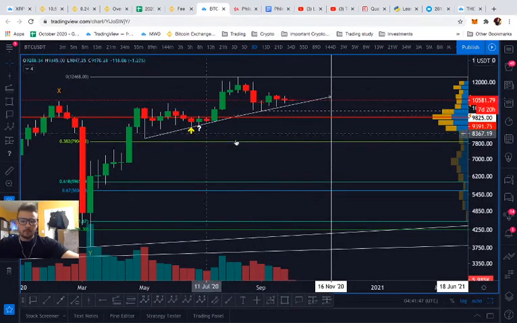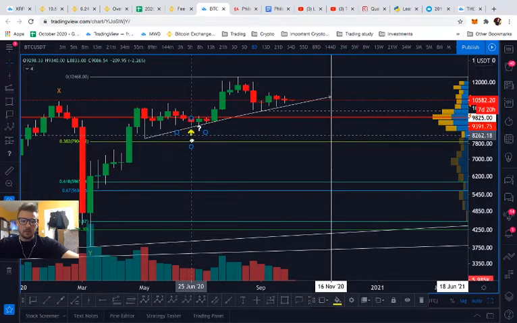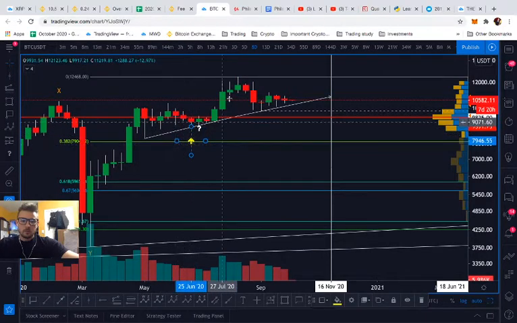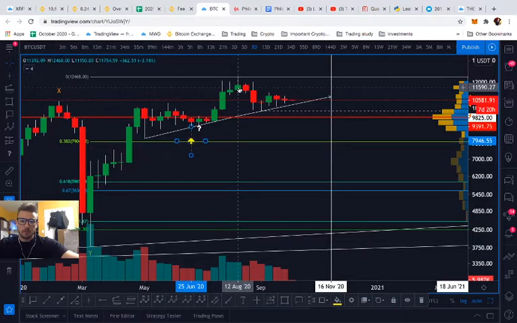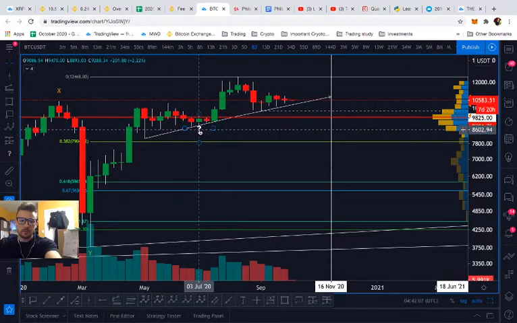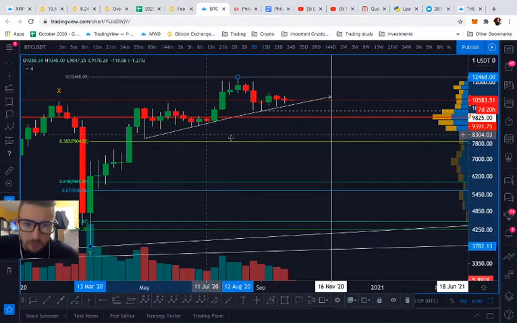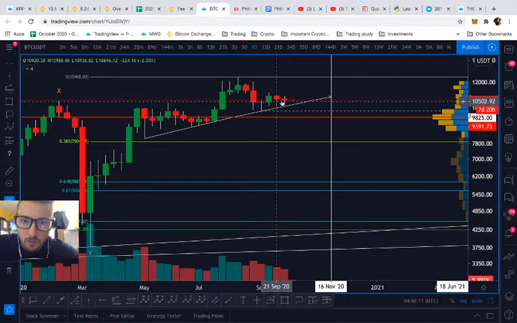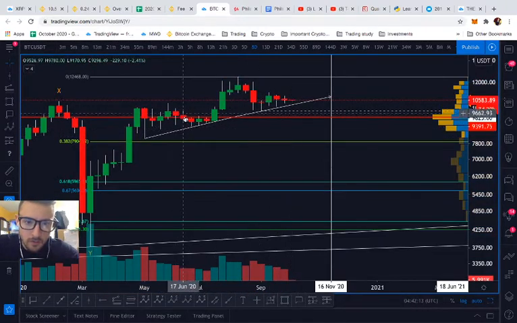So let me point something else out. You see these two things right here, this arrow. As you can see, there was a top made right about here, and a top made right here. If we count, it's a little bit different. I believe that this is going to be a 1 2 3, a 1 2 3.